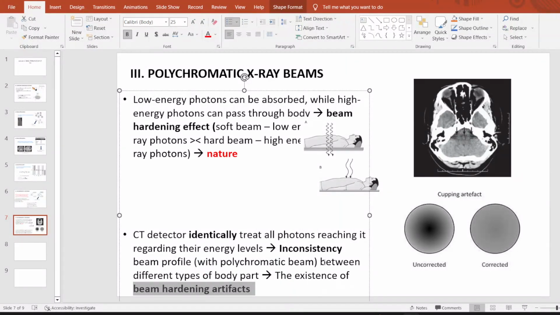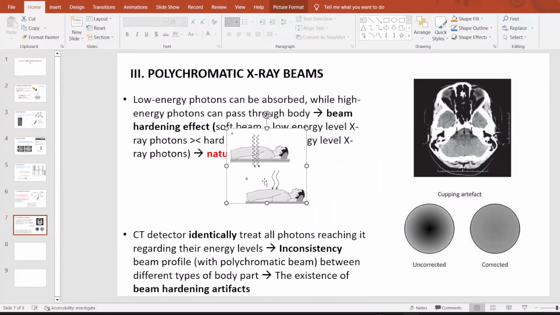The reason behind the beam hardening artifact, I note here, is the inconsistent beam profile between different types of body part. And there are two kinds of beam hardening artifact. The first one is the streak artifact. I think it's very familiar to radiologists because they see it all the time. It occurs when our beam meets dense structures or materials made of metal, like a metal implant.